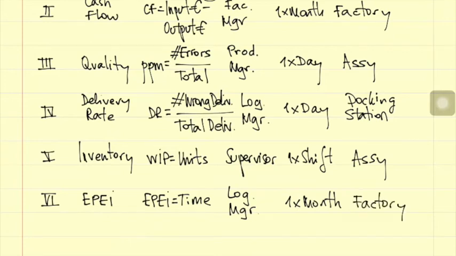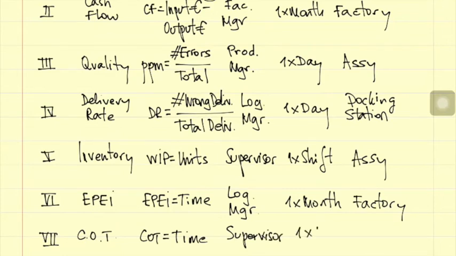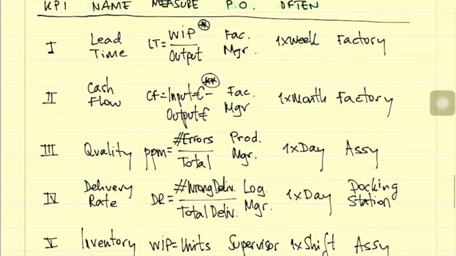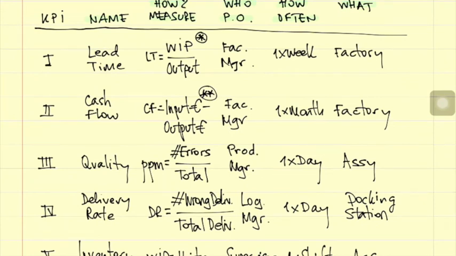Okay, or we can measure the change over time, Rüstzeit. COT is measured in time, is measured by the supervisor, and is measured once every day in the assembly, and so on and so forth. Okay, so you get the nature of this list.